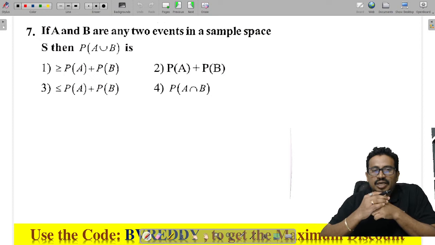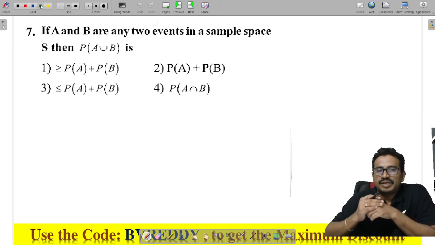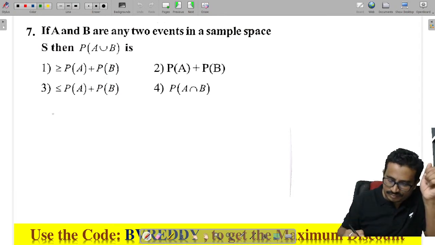Next, if A and B are two events in the sample space, then P of A union B is?